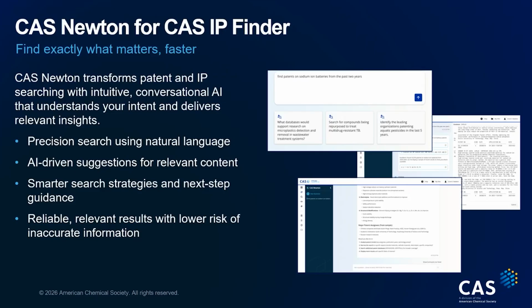What is CAS Newton? That is our agentic AI that allows you to get assistance during your STN searching. We have made a deliberate choice to develop an AI agent that doesn't take over the task of doing a patent search or finding literature or doing a landscape, but instead becomes your assistant.